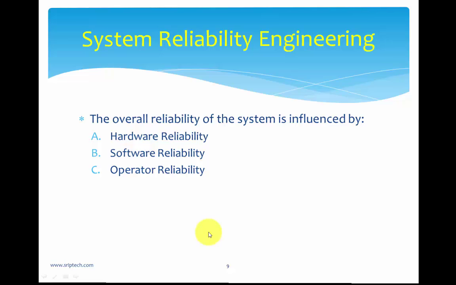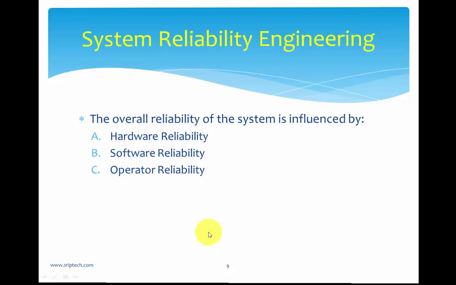Because of this, the reliability of the system comes down, and software reliability also plays an important role in the overall reliability of the system. In case of software, there is no wearing out, because software does not wear out, but software actually depends on the hardware.